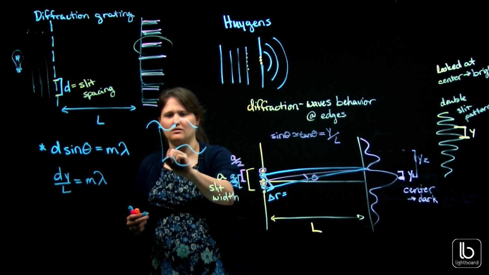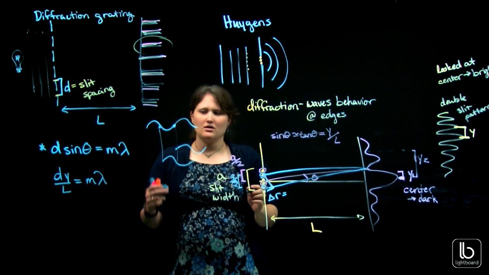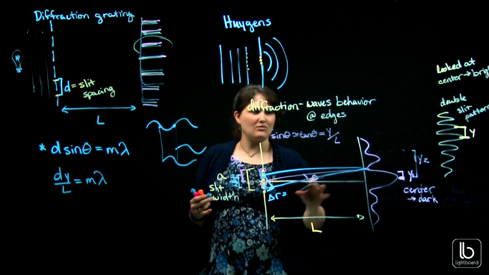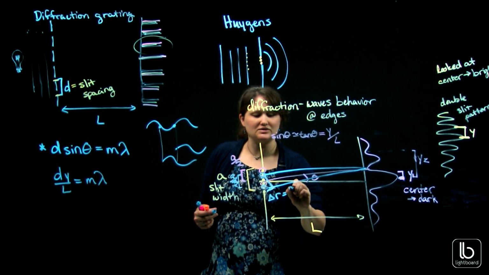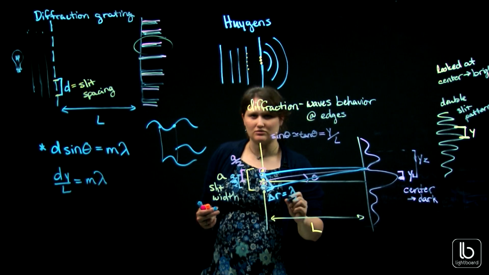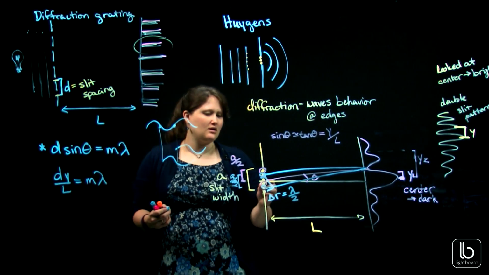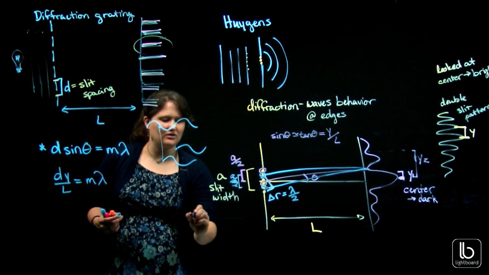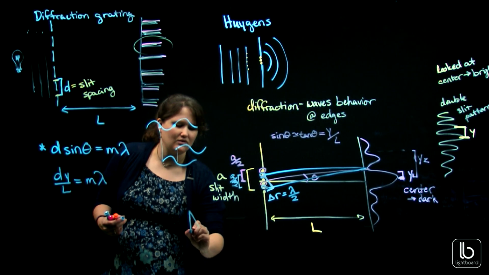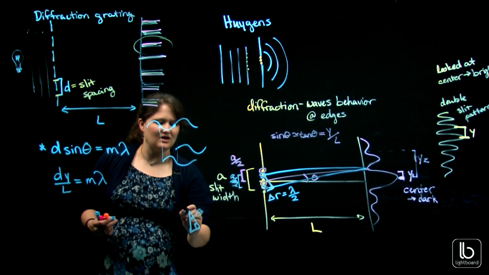So where I have the dip, I have the hump, that sort of thing. So if I'm looking for my first dark spot, I'm looking at delta R equals some integer number of lambda over 2. So my first dark spot we'll say is lambda over 2. And again, if I'm drawing my triangle here, so just to kind of redraw a little bit, got my right angle here, some line theta.